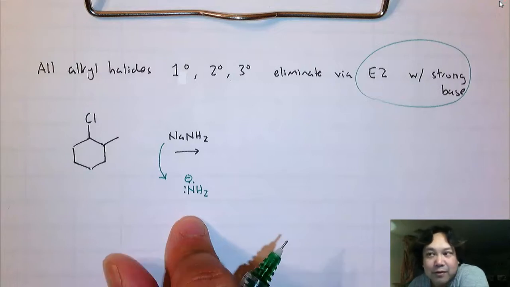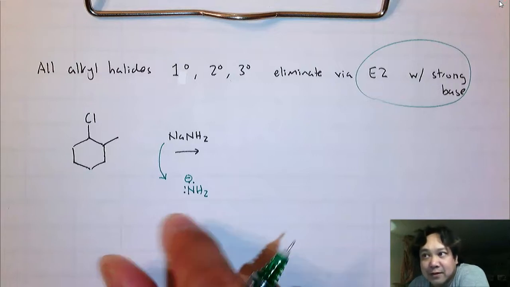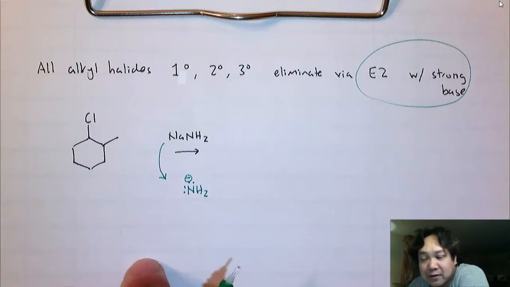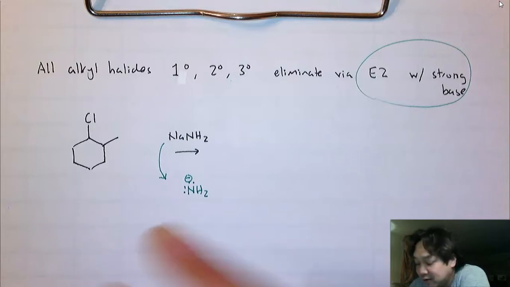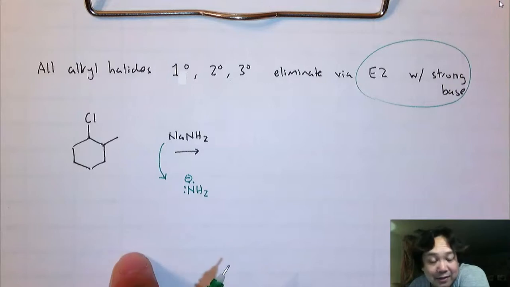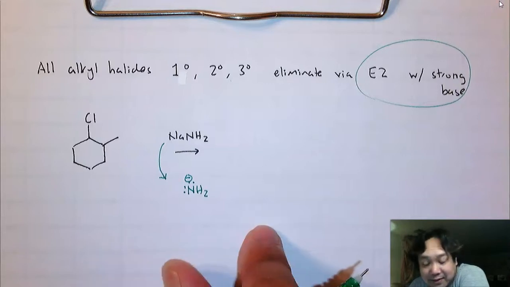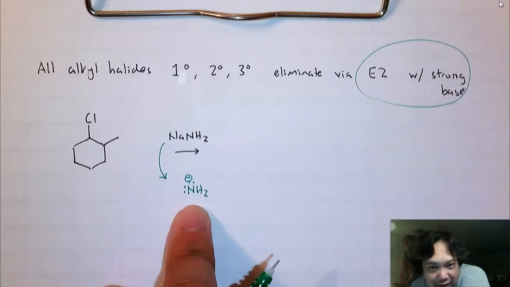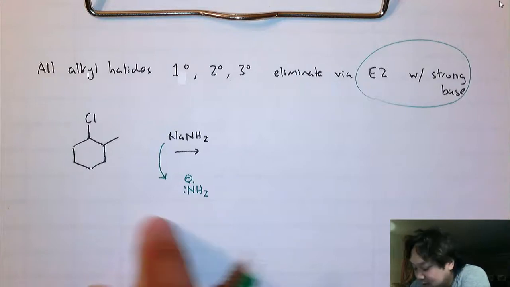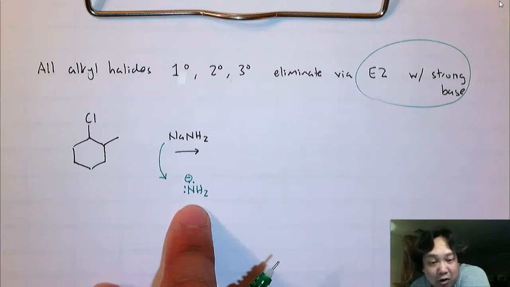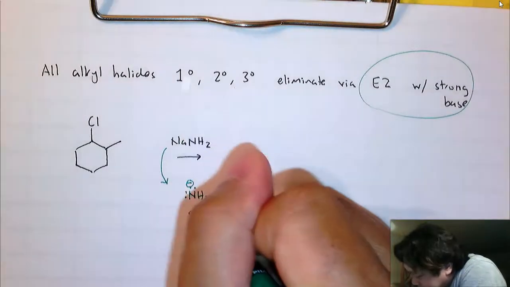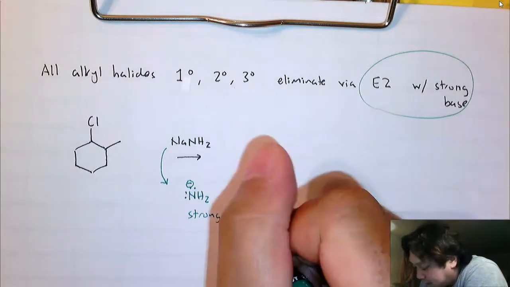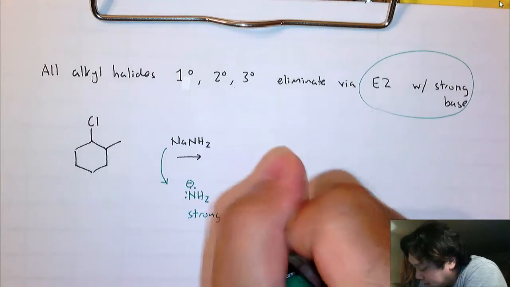Do you remember the phrase, strong acid leads to a weak conjugate base? Well, it's vice versa. Weak acid leads to a strong conjugate base. NH3 is a weak acid, so its conjugate base is going to be a very strong base. Okay. Hopefully you could follow that line of reasoning. Strong base.